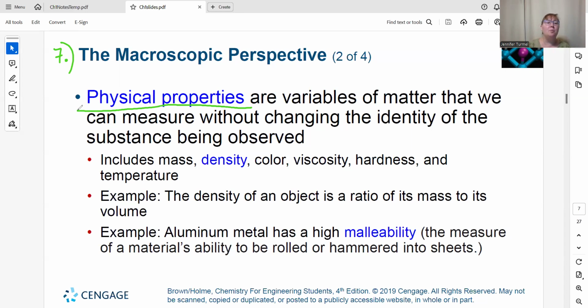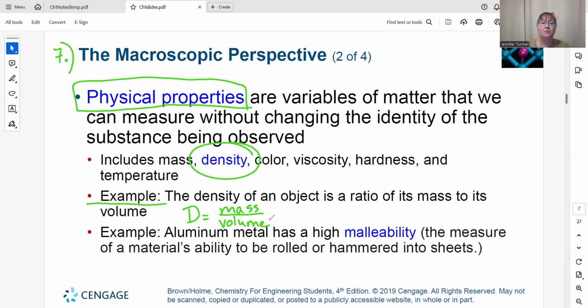Physical properties include mass, density, color, viscosity, hardness, and temperature. Looking specifically at density, the density of an object is a ratio of its mass over its volume. So you could say density is equal to mass divided by volume.